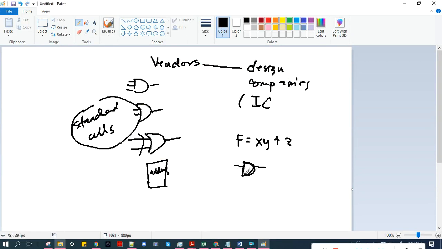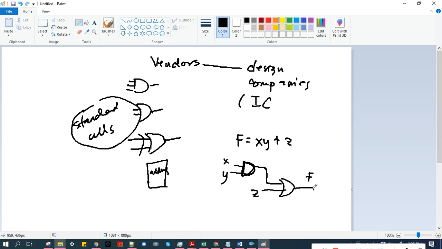This is an AND gate, X, Y. Then we OR that with Z. F is XY or Z. From this diagram, we observe that there is no feedback path. We don't show something like this. There's no such thing for this function.